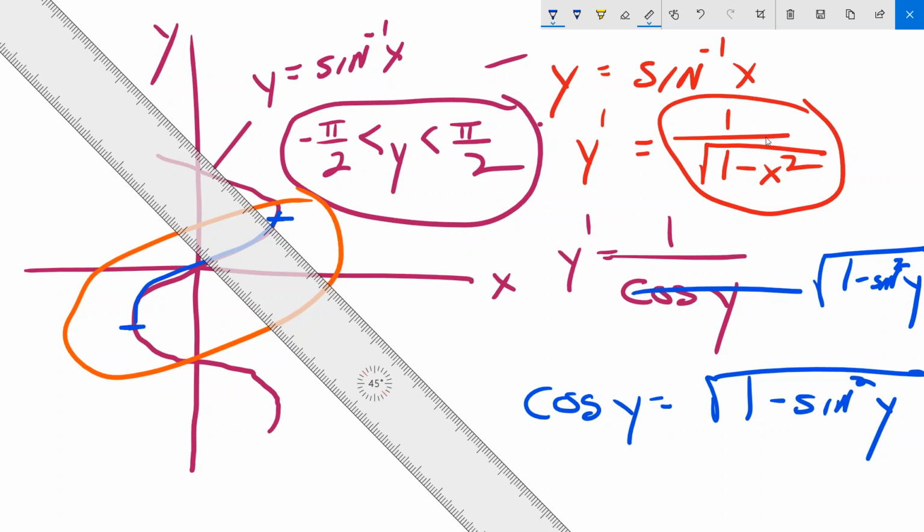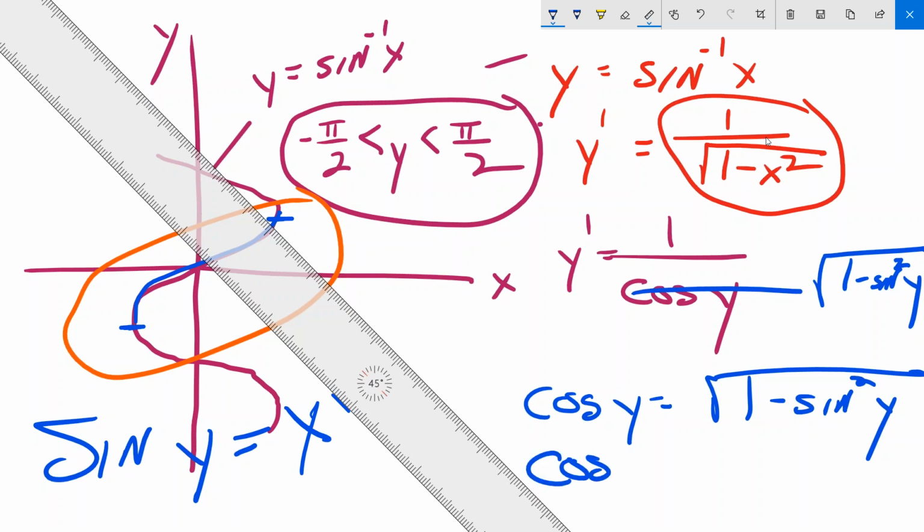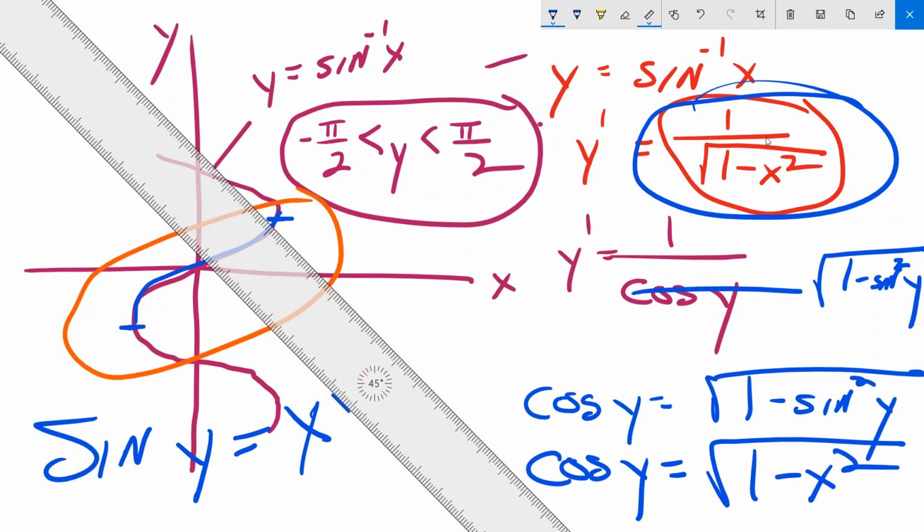But remember what the original function was: sine of y equals x. So sine squared of y equals x squared. So now we got cosine of y equals the square root of 1 minus x squared, exactly the same thing we got when we did it explicitly.